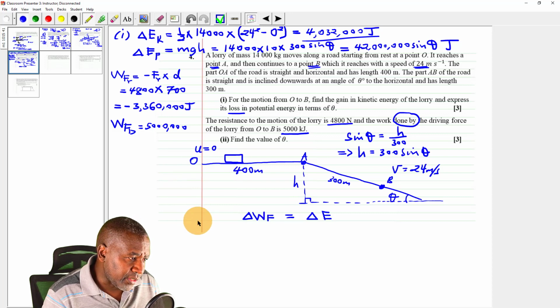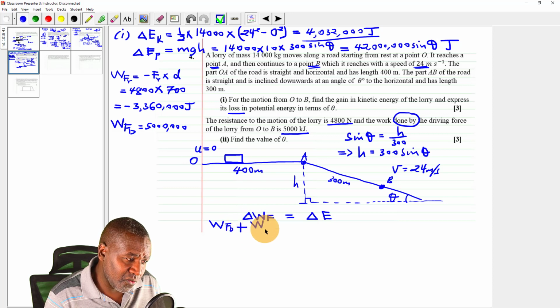So let's substitute: work done by driving force plus work done by friction or by resistance is equal to gain in potential energy plus gain in kinetic energy.